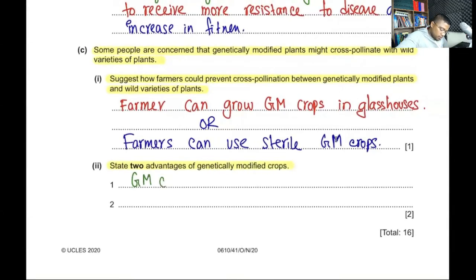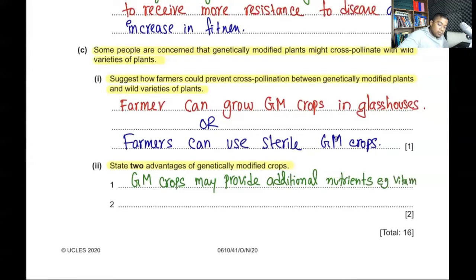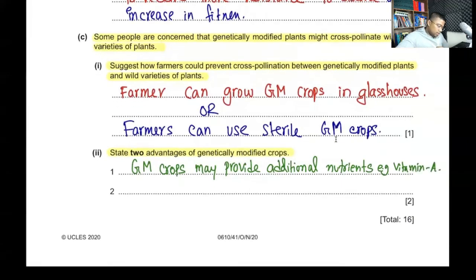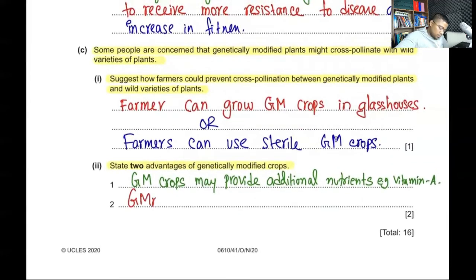GM crops may provide additional nutrients like vitamin A. And some GM crops have this amazing ability. They have resistance to insects, so they require less pesticide.